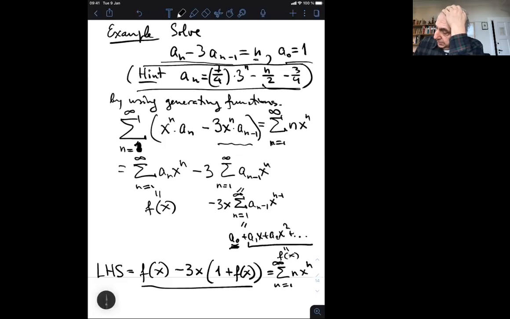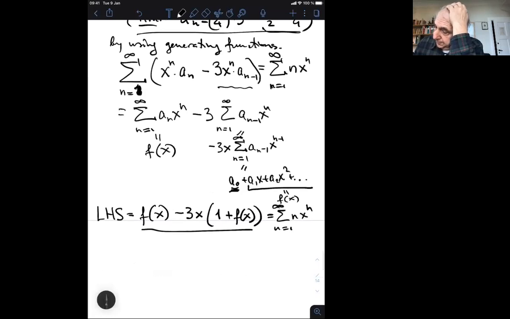So what is that? We actually know what this thing is. It's x divided by (1 minus x) squared. Why is that? We did this example in one of our earlier lectures.